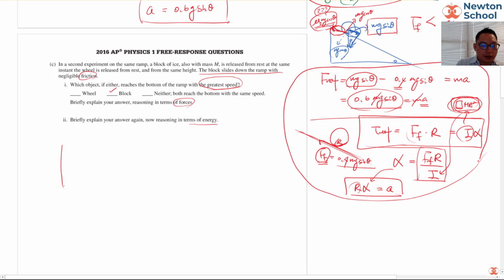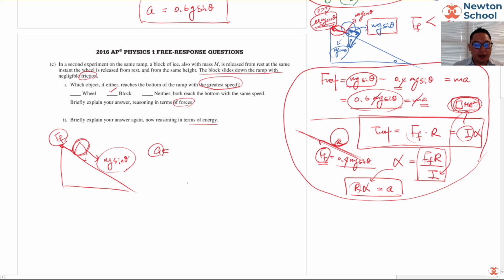So remember, if you look at the force, before it was mg sine theta. That's the part of gravity. And you have force of friction. So net acceleration was mg sine theta minus force of friction, divided by the mass. That was what a is. But right now, the only force you have is the portion of gravity, which is mg sine theta, which is ma.